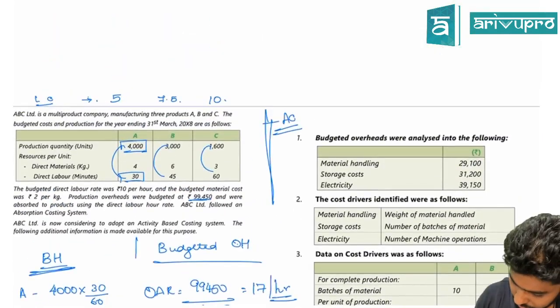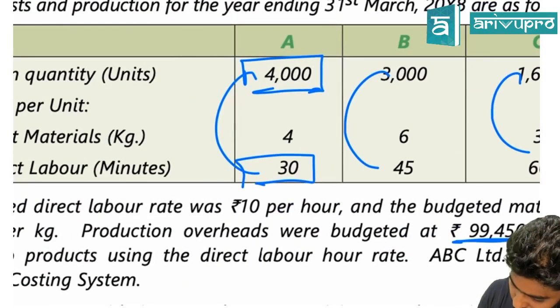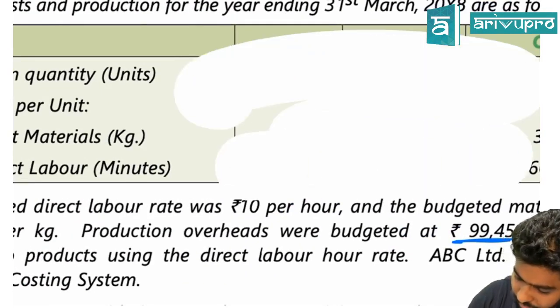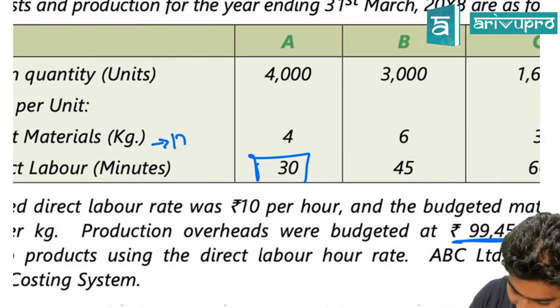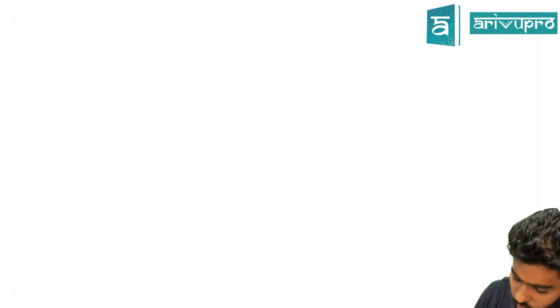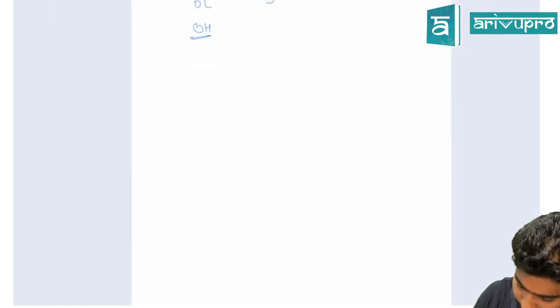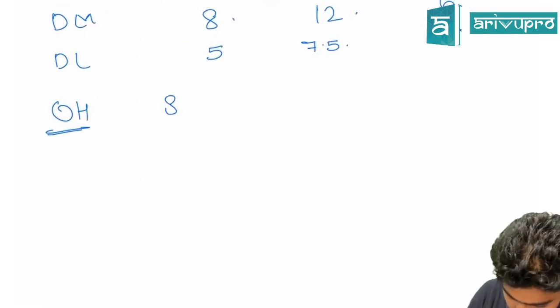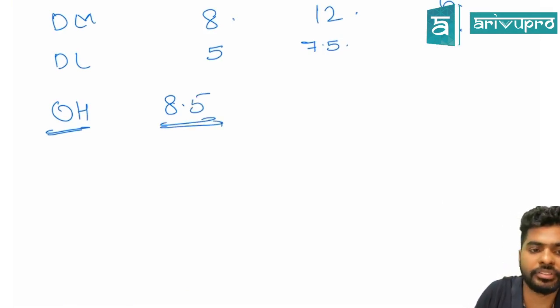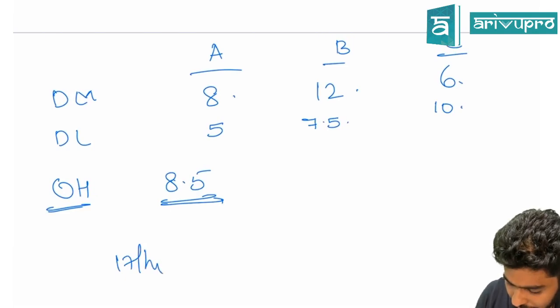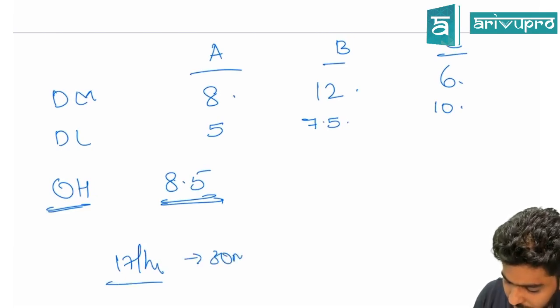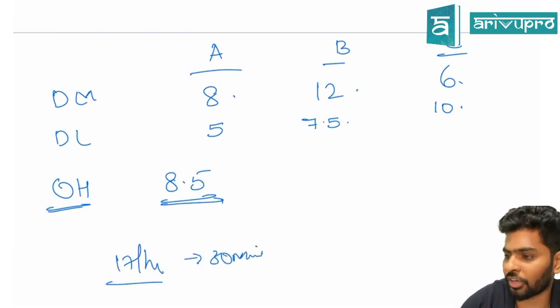Now, see, the first unit takes 30 minutes. So that means if it is going to take 17 per hour, for 30 minutes it's going to be what? 8.5. Correct? It is 17 per hour. So this guy is taking only 30 minutes, so it should be 8.5.